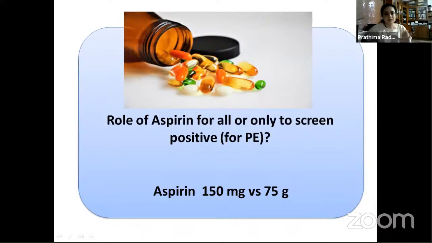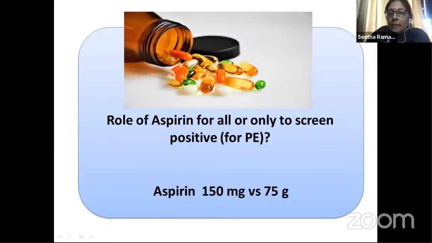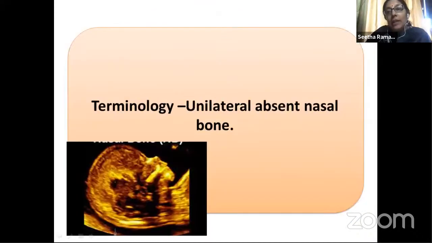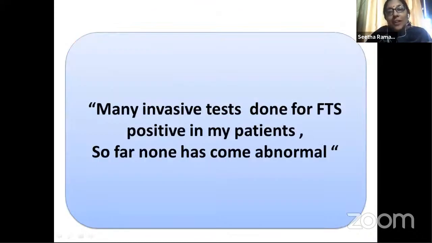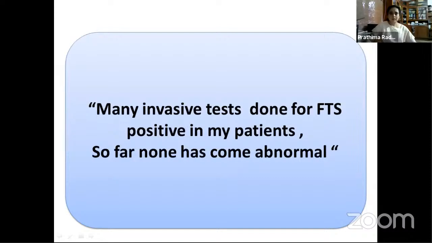If she is screen positive for preeclampsia, the risk is more than 1 in 100. 150 milligrams, that's the evidence, right? If she wants to take only half a tablet because somebody else, her grandmother or your mother-in-law, told her, that's the problem. My advice is 150 milligrams, and that's documented. A lot of these women who are IVF actually come in with 75 milligrams already, and they are on it. Yeah, and then when we do the screen, you can increase it to 150.